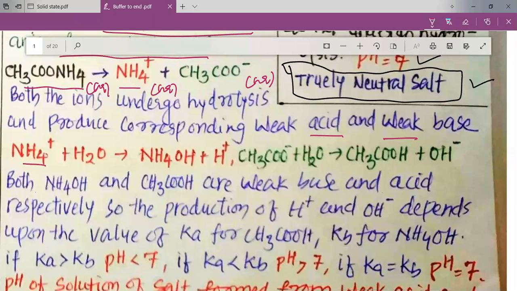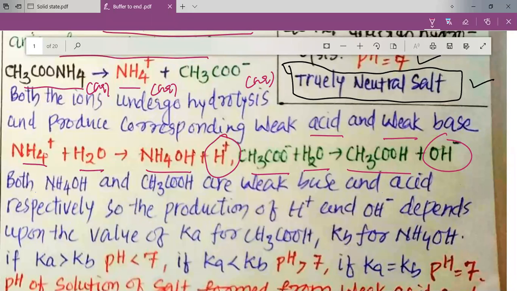You can see that NH4+, when it reacts with water, produces NH4OH and H+. In the same way CH3COO-, when it undergoes hydrolysis, produces CH3COOH and OH-. So now it is necessary to determine which concentration is more, H+ or OH-. How can we determine whether H+ is more or OH- is more?